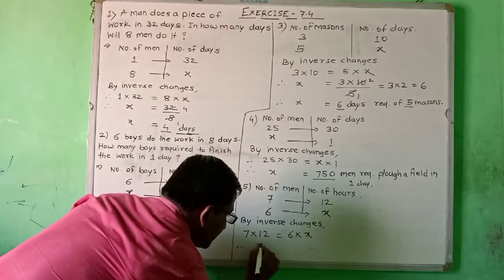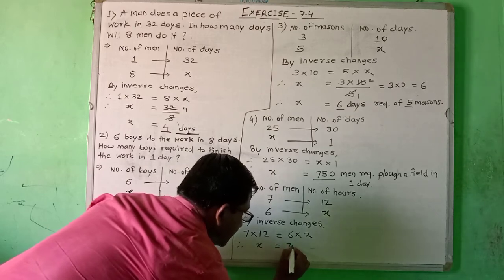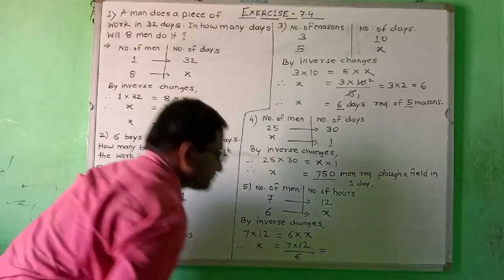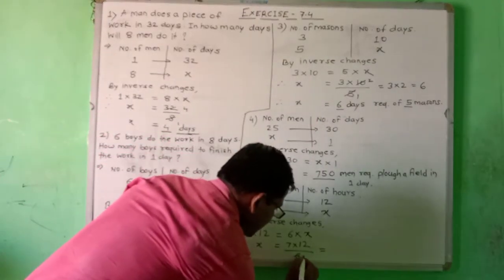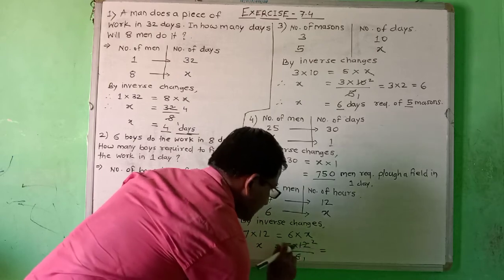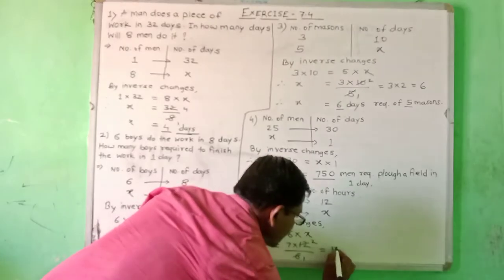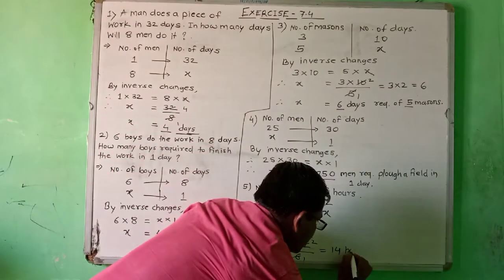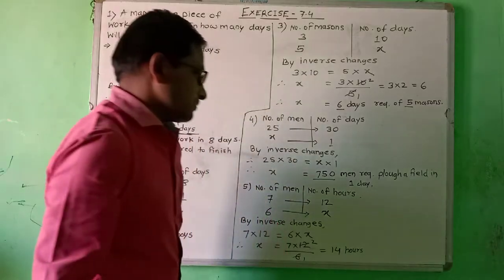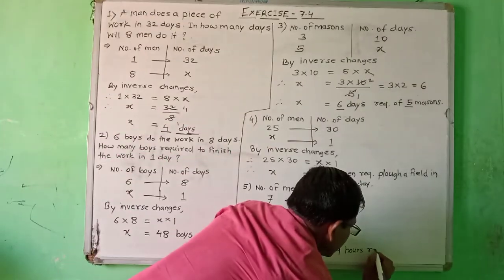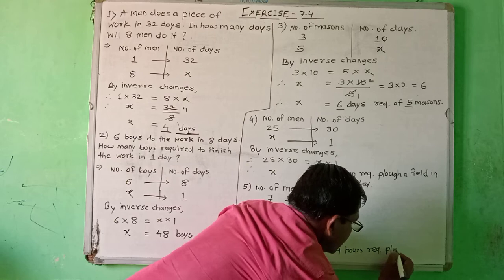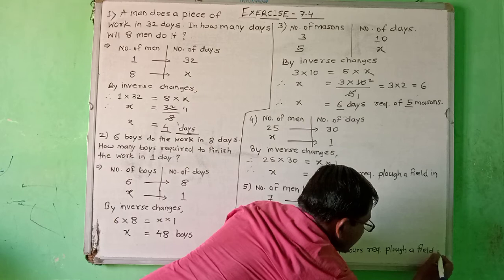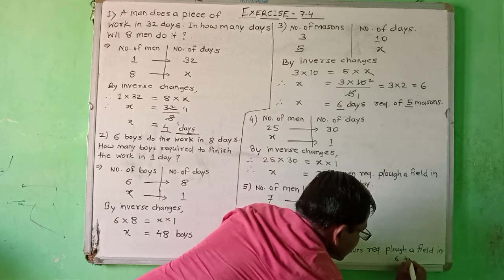So therefore x is equal to 7 multiplied by 12 divided by 6. 6 ones are 6, 6 twos are 12, 7 multiplied by 2 is 14. 14 hours required to plough a field with 6 men.